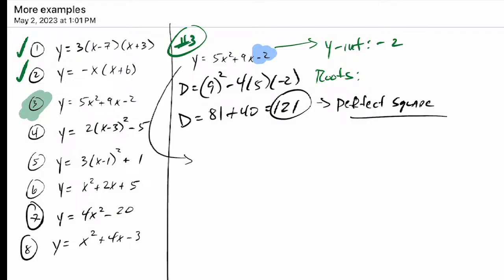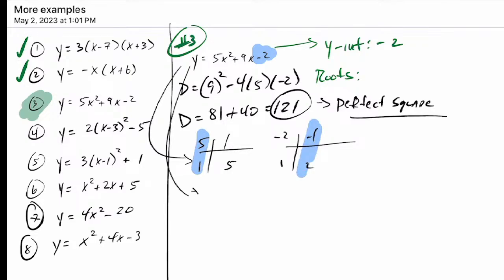So if I do charting on this, you do the factors of 5, factors of -2, and I need this to come out to be a 9. It's going to be these two. So, a lot of work, but this ends up factoring to 5x minus 1 times x plus 2 is 0. So the roots here are a fifth and -2.